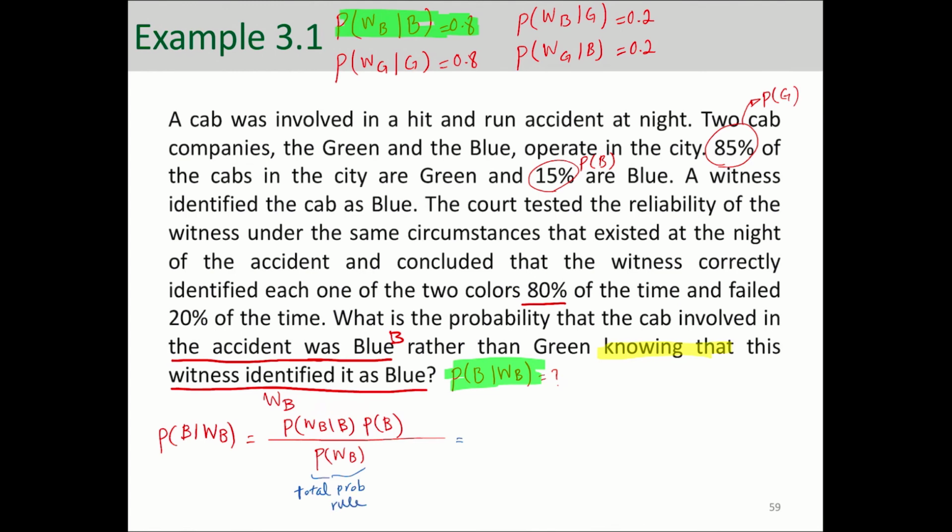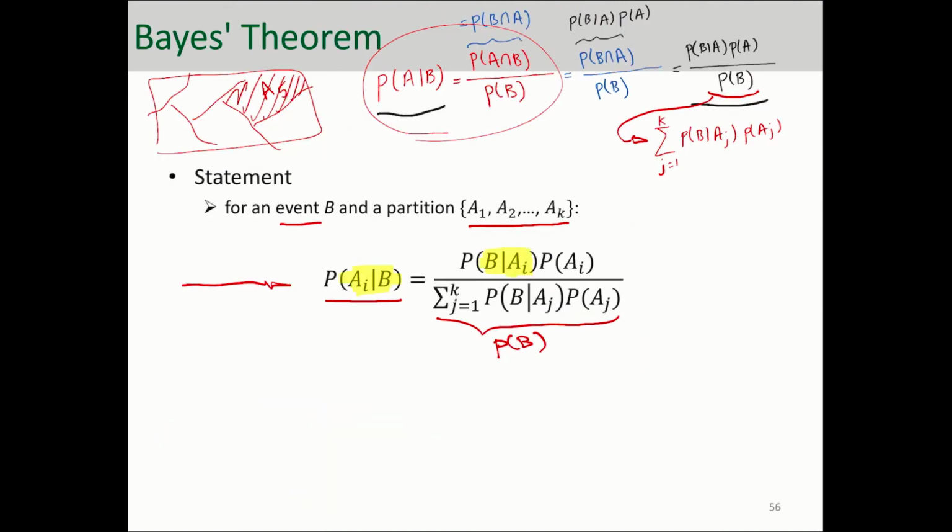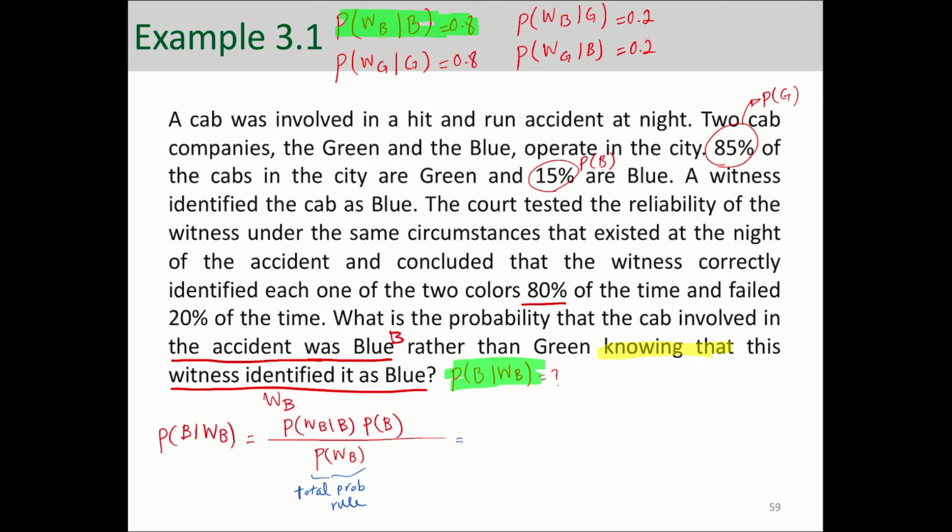And that's essentially what you see in the Bayes' theorem formula in the denominator. Here is the total probability rule at the bottom. Probability of, in our case, WB. So the top stays the same.